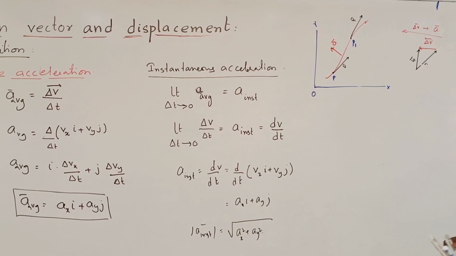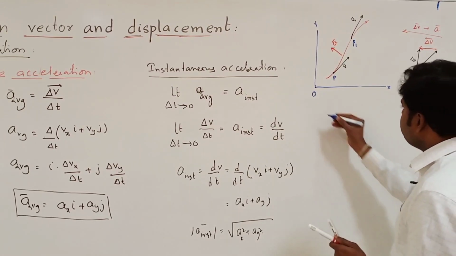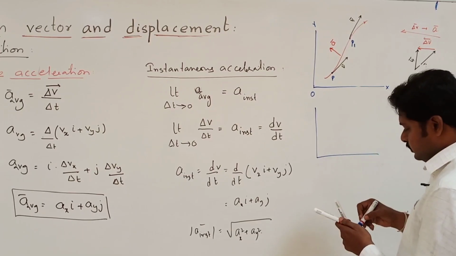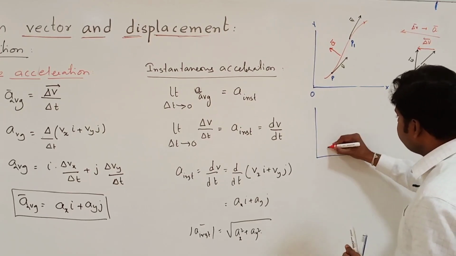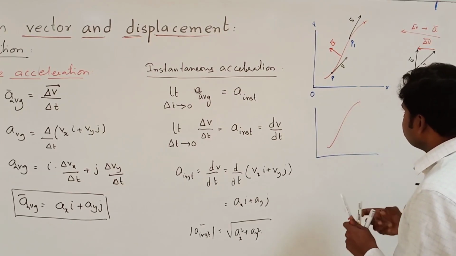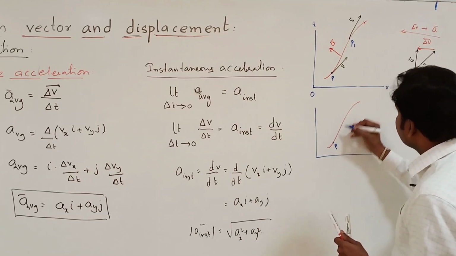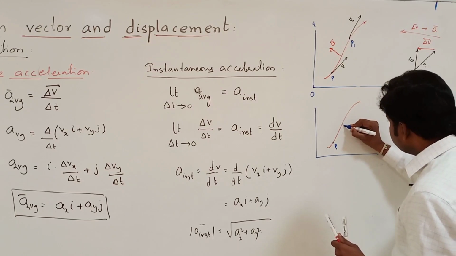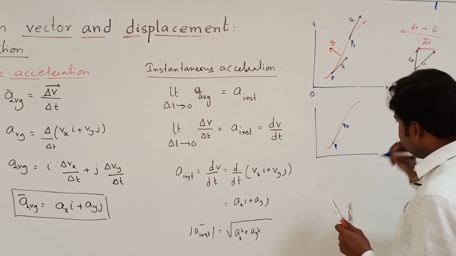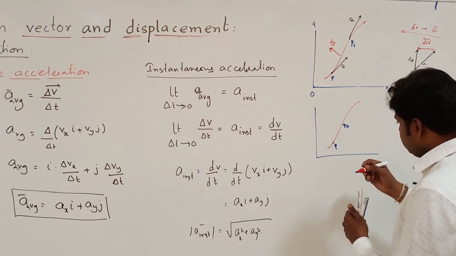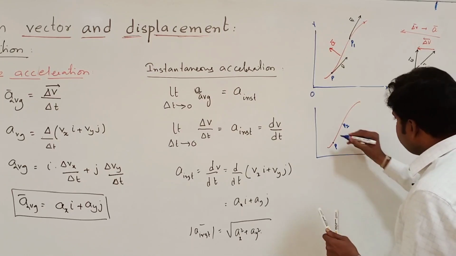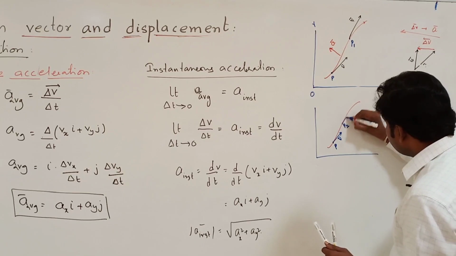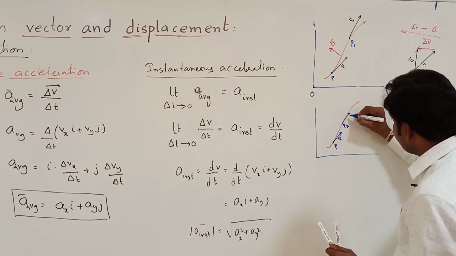Next, the same path again, but I am changing the locations. P as it is, and P1 moved to P2. This is one tangent, the V vector, and this is the other tangent, the V2 vector.